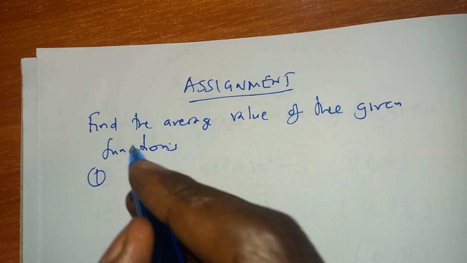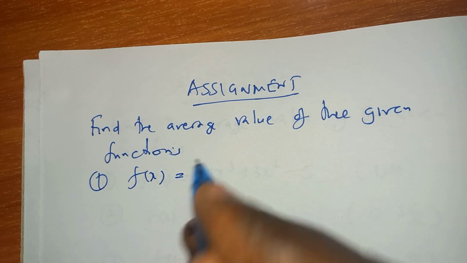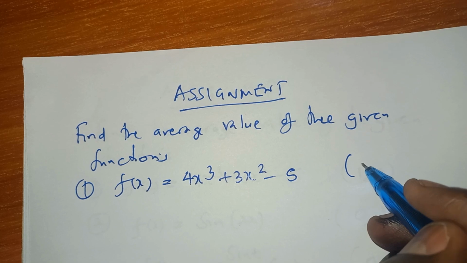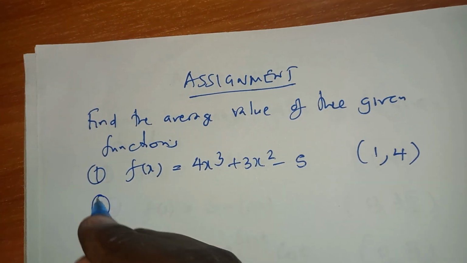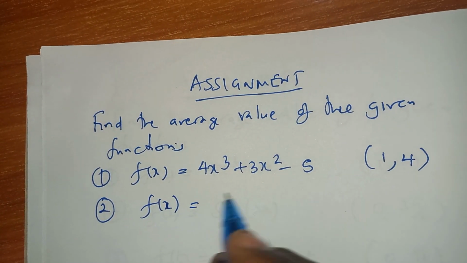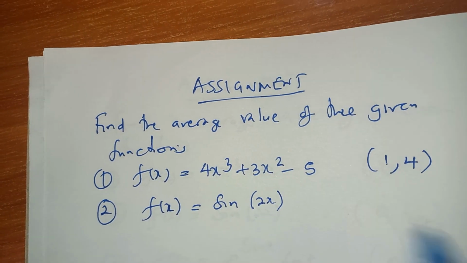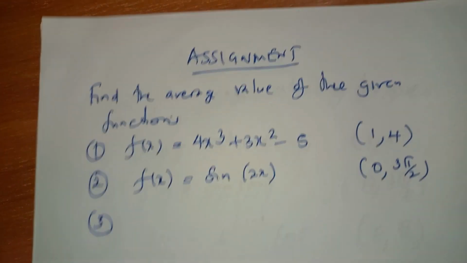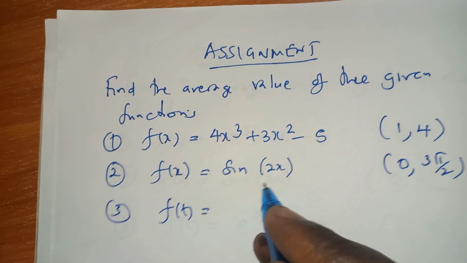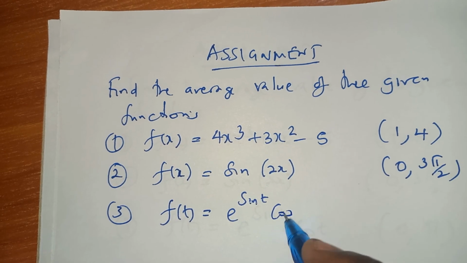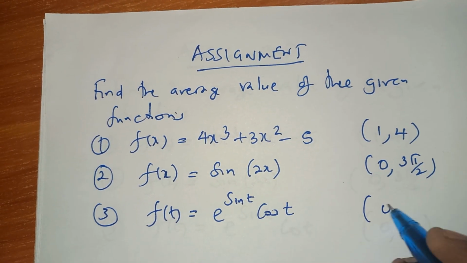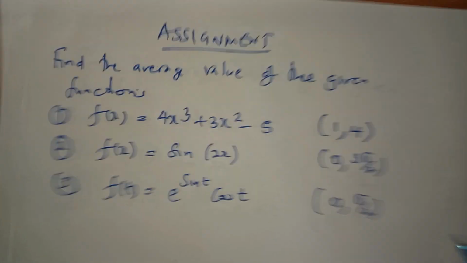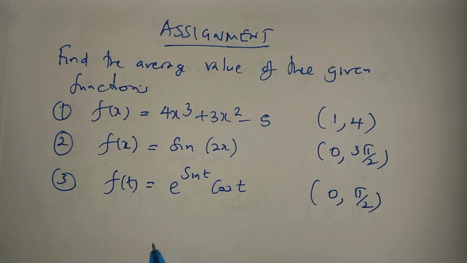Number 1, f of x is equal to 4x cubed plus 3x squared minus 5, and the interval is 1 to 4. Number 2, f of x is equal to sin 2x, and the interval is 0 to 3 pi over 2. And lastly, f of t is equal to e raised to the power sin t cos t, and the interval 0 to pi over 2.